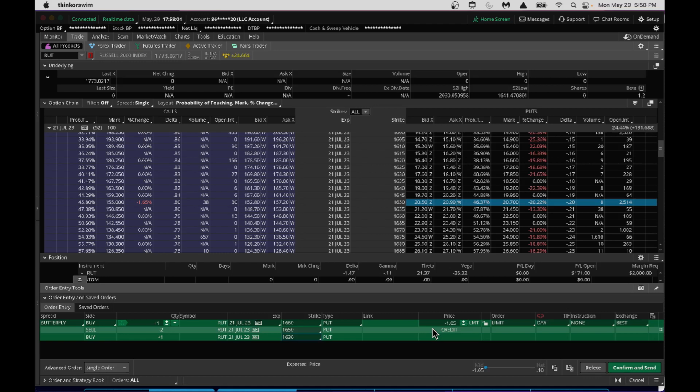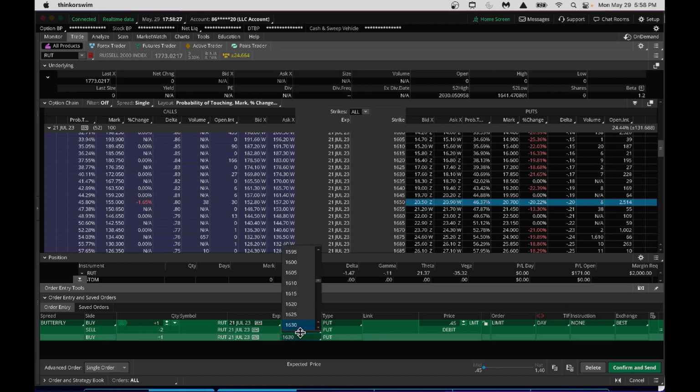And what you can also do, one of my favorite ways, is really expand this a little more. For example, instead of 1660, I could make it 1670. Look, we can do this right here. 1670, it's a $20 wide, as you can see here. And on the put side, on the lower side here, instead of 20, we can make it 40. So we can make it 1610.